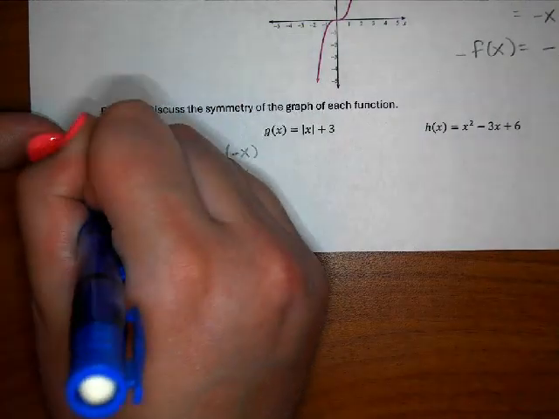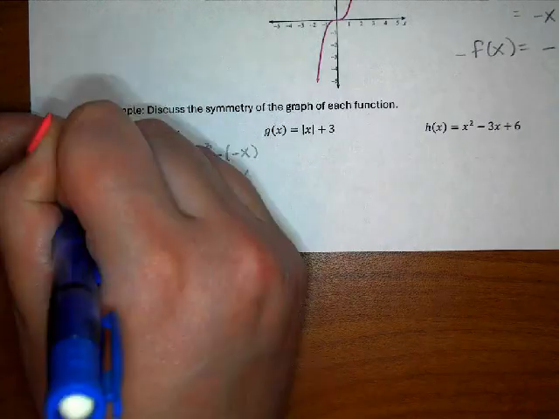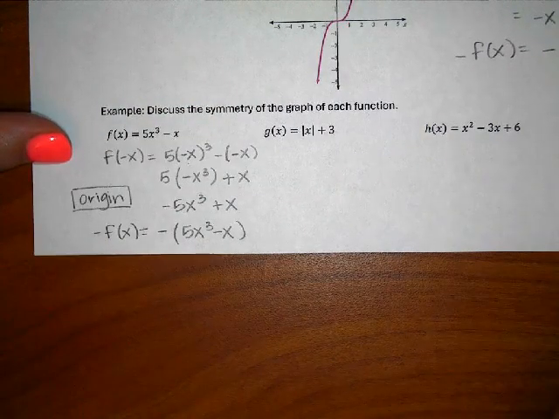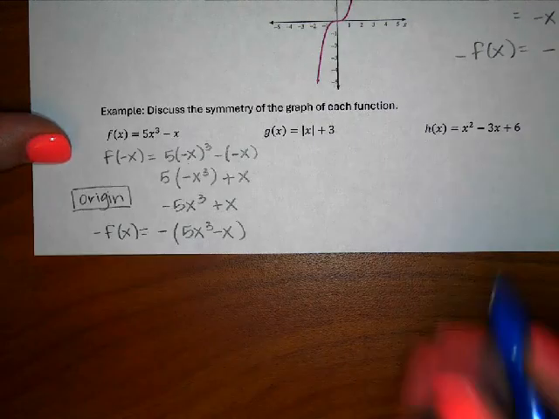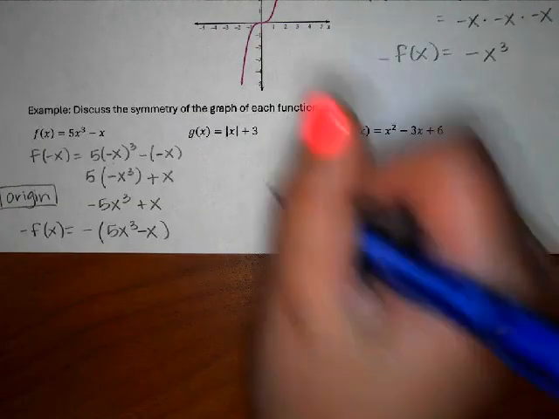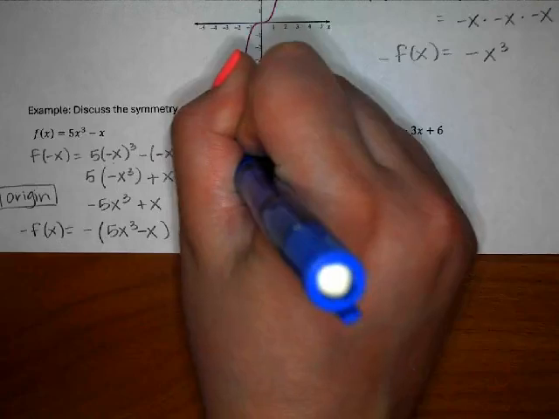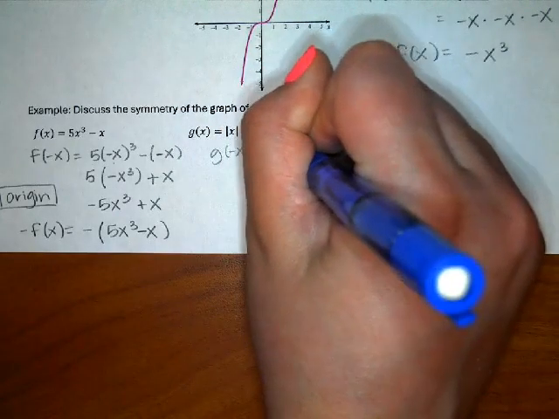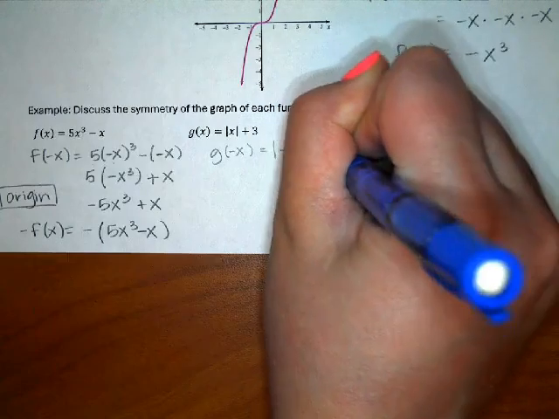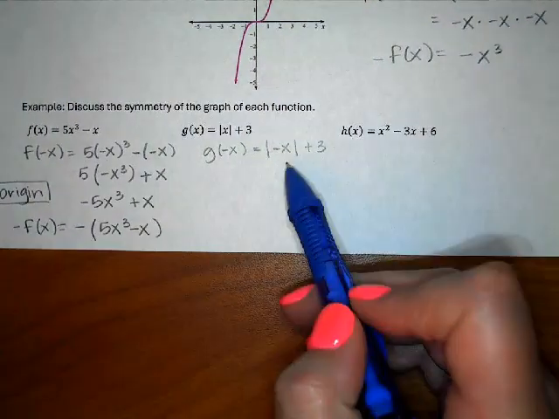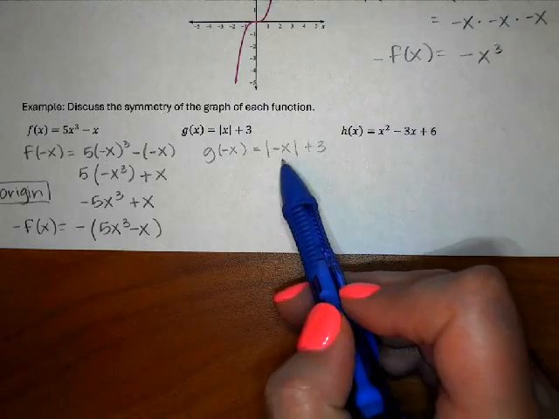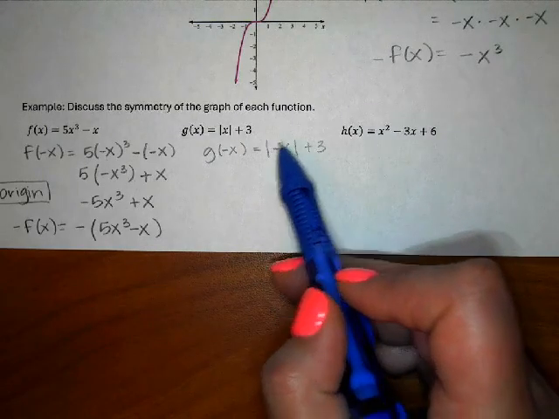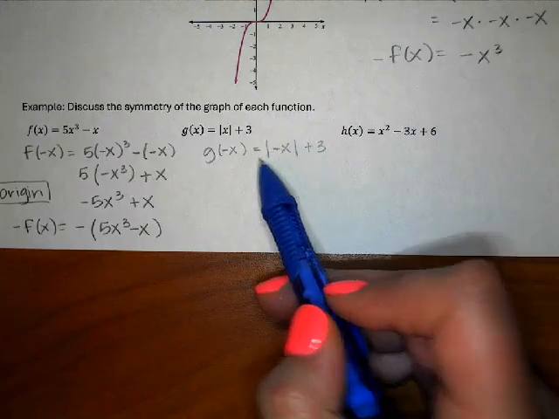Another way you would have been able to see that is by graphing it. Okay, let's look at this one. So g of negative x, we're going to plug in a negative x and add 3. Now with an absolute value function, it doesn't matter if I put a negative sign in there with the x. No matter what ends up happening here, it's going to give me a result that's positive. So this is going to be the same as the absolute value of x plus 3.